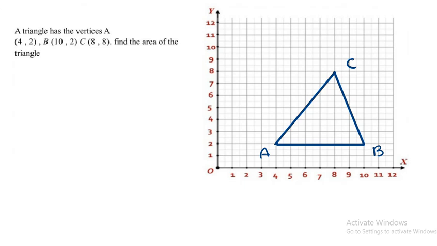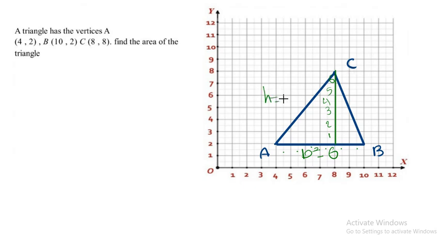Okay, this is the base. How long is the base? 1, 2, 3, 4, 5, 6. And where is the height? The height is from point C to the base AB, and then we measure the height. 1, 2, 3, 4, 5, 6.